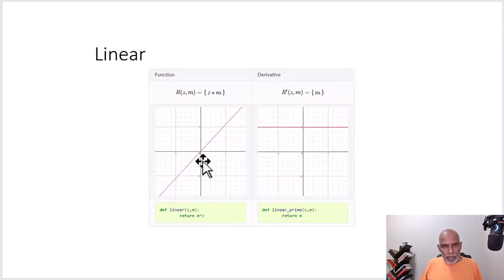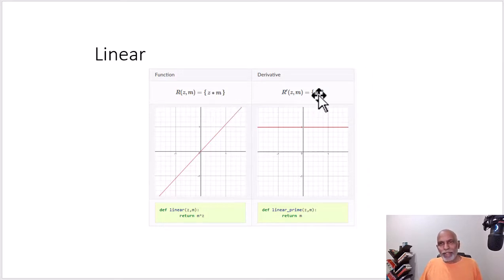The next one is the linear function, and it's very simple. If you use the linear function, you are basically mapping whatever the sum product value is as an identity value. That means nothing is happening, but its derivative is the slope. Whatever the slope value of that particular function is, it's basically a multivariate plane.